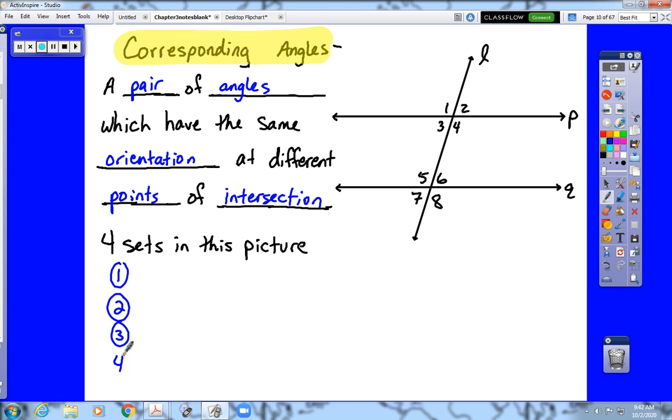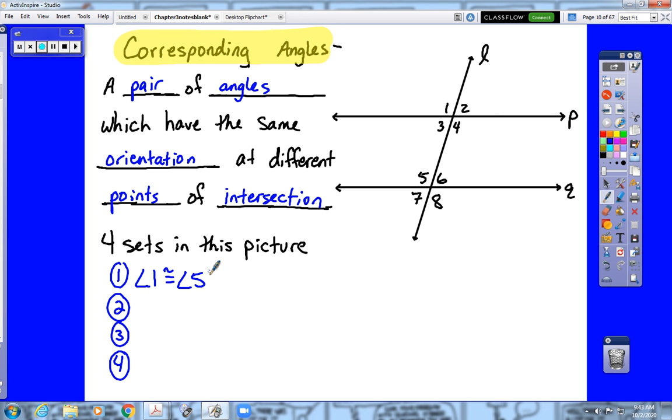So if we look at the picture, we still have our numbered angles 1 through 8. Angle 1 corresponds to angle 5 at the other point of intersection. Okay? Angle 1 and angle 5 are both on the upper left of their points of intersection. That's what I mean by the same orientation. They're both on the upper left, which means the upper right would be a set. That's angle 2 and angle 6. The lower left would be a set. Angles 3 and 7. Actually, I should be using angles instead of congruent, so I'm just going to fix that real quick.